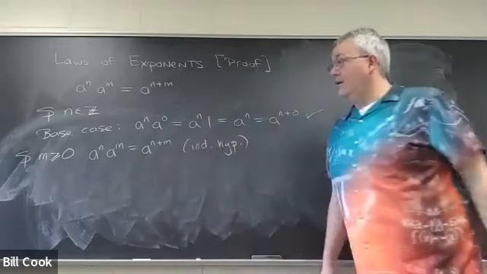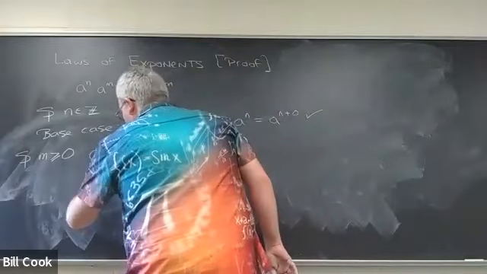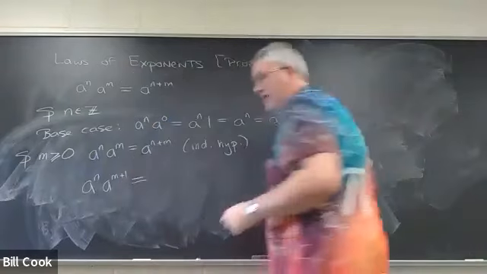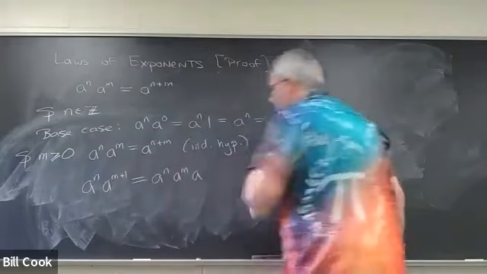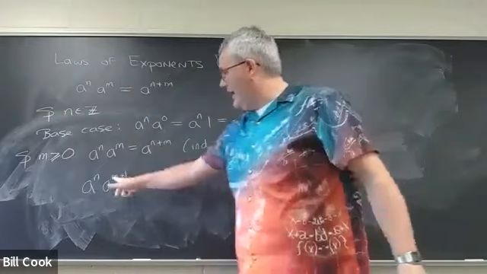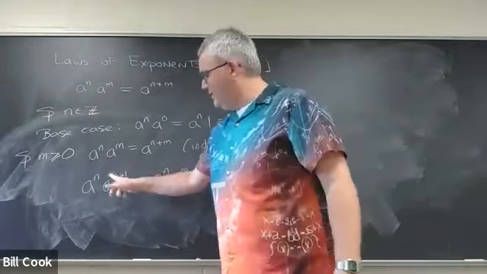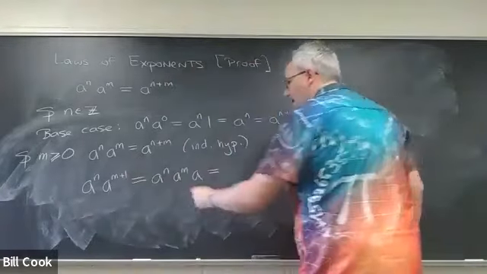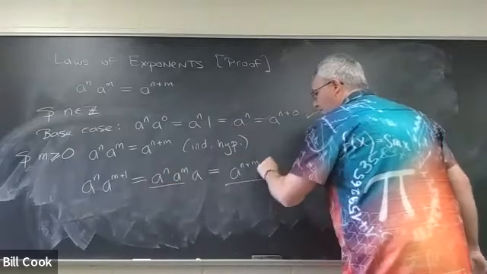Well, let's show that this now holds for one more. A to the m plus 1. Well, by definition, this is A to the m times A, because these are non-negative exponents. We know that's either by definition or at least using a law of exponents when m is 0 that we already know. Now I can apply my inductive hypothesis, that's A to the n plus m.